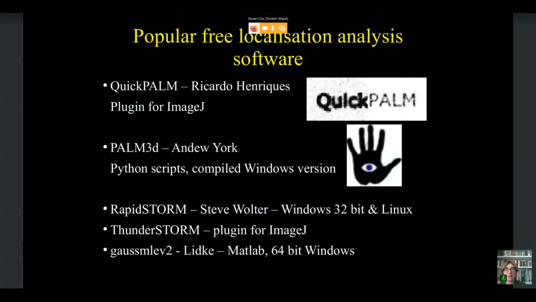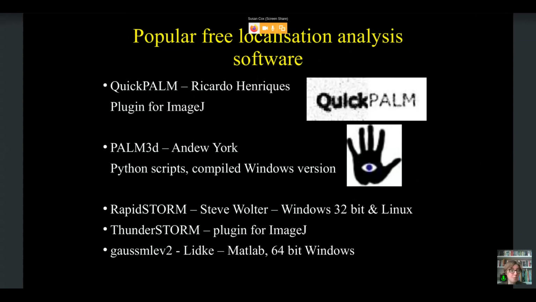Now, there are quite a number of very nice free localization analysis softwares. This is a few years out of date, but there are some good ones available for free. Thunderstorm is probably still the most popular one. It's incredibly stable. It's unfortunately not really being developed anymore, but it's still very stable and very functional and good for both using and, if you want to develop your own things, building on.